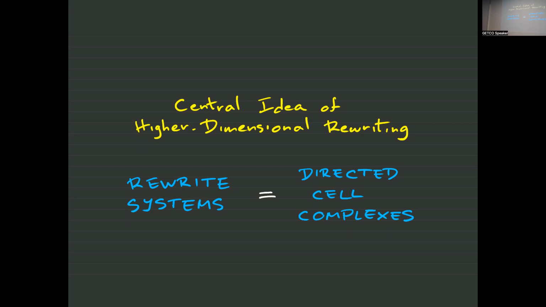So we have this duality of something like rewriting, which ostensibly belongs to computation and algebra, and something like cell complexes, which essentially belongs to topology.